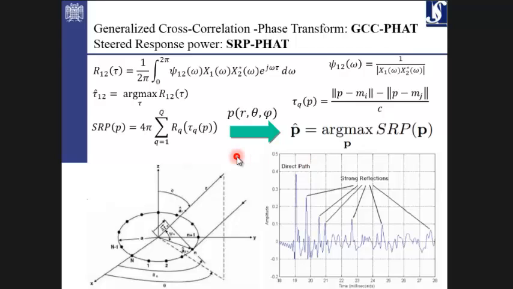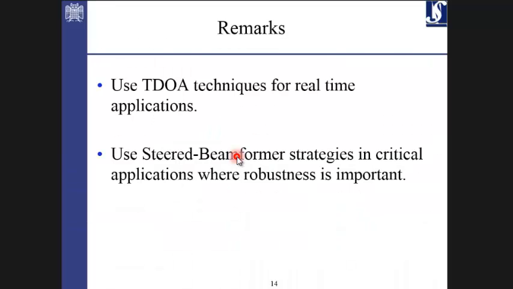We talked about GCC and SRP, but there are other methods, as I explained, spectral estimation based methods like MUSIC, ESPRIT, and similar methods. Whenever you want to do something fast, it's better to do TDOA based methods, so the GCC function. Even though there are ambiguities in it, it's fast enough that you can implement it in a real-time case. The SRP method is more precise, and you can get more accurate solutions out of that.